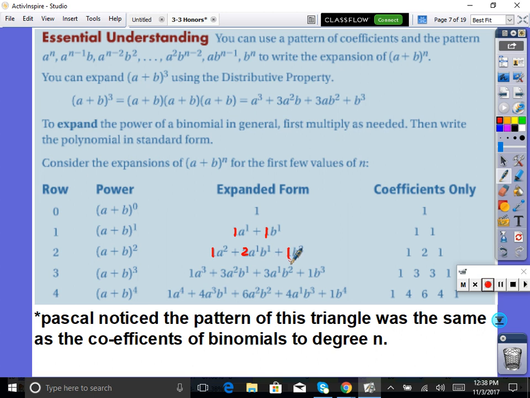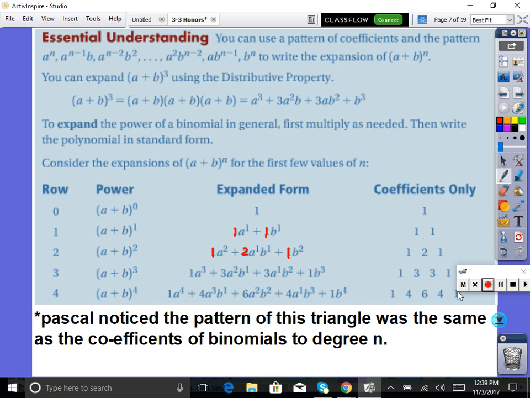Do you see how this triangle then, he started seeing that this triangle are the coefficients in front of our variable here. And it was always the same, no matter which binomial he used. So he noticed that this pattern always works, and that's called Pascal's Triangle.